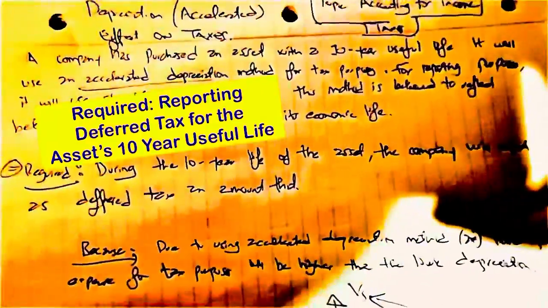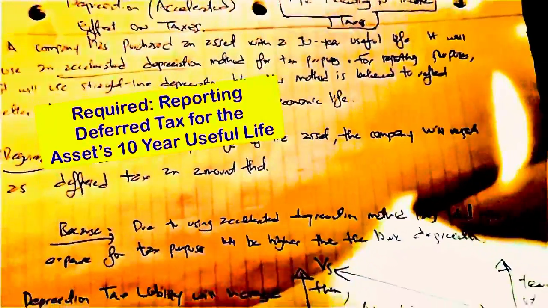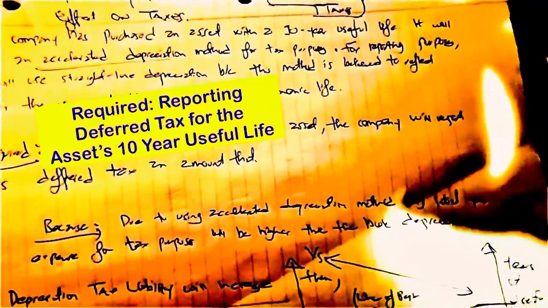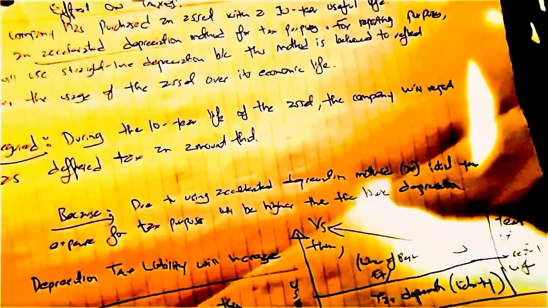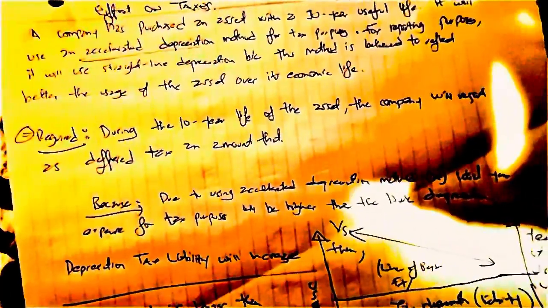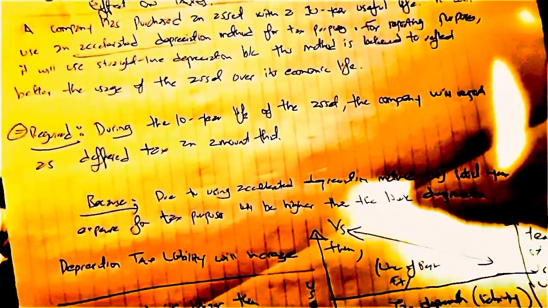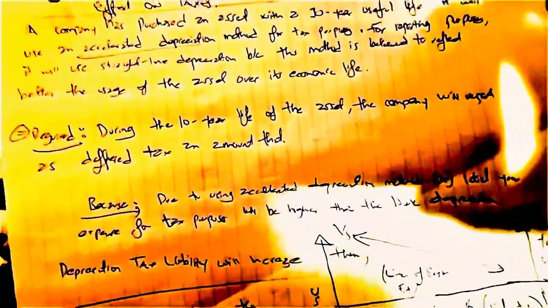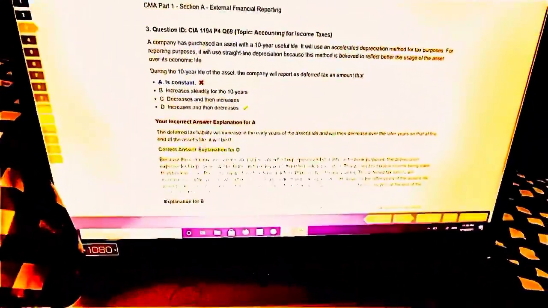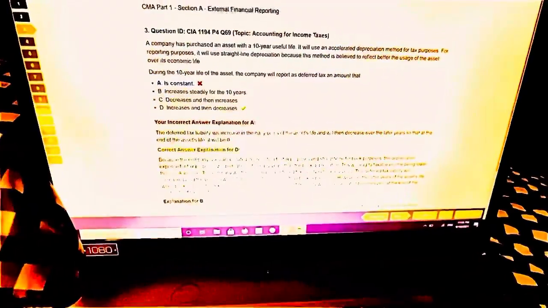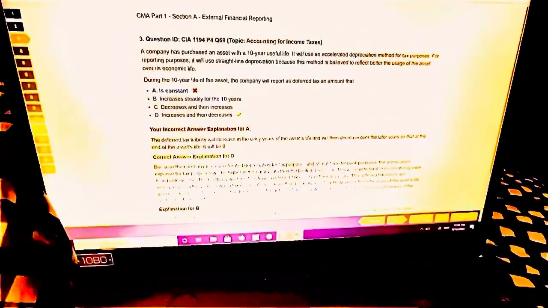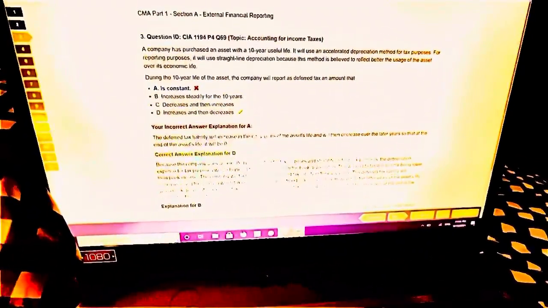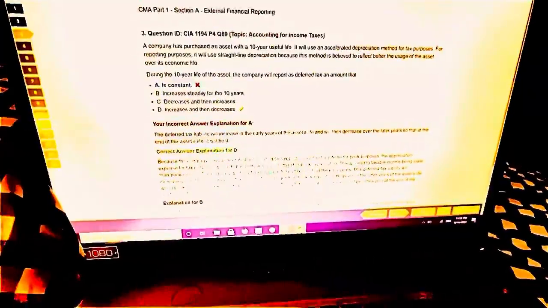So here's the required: during the 10-year life of the asset, the company will report deferred tax in an amount that is constant.